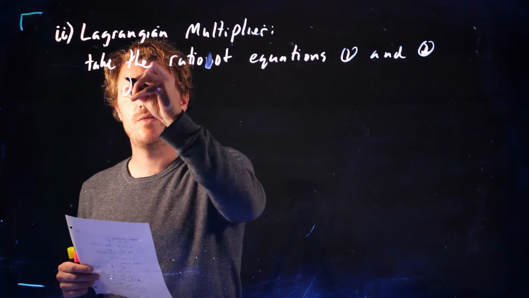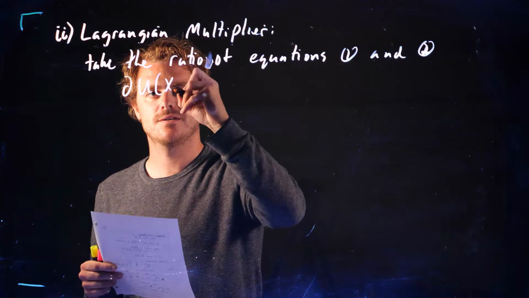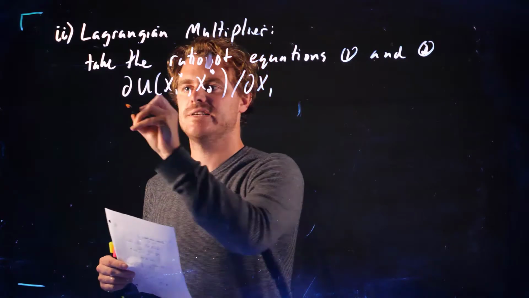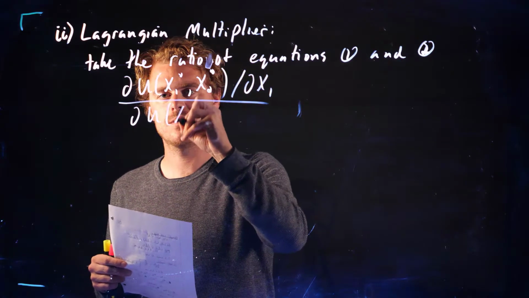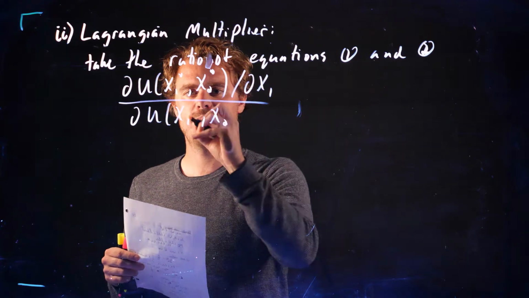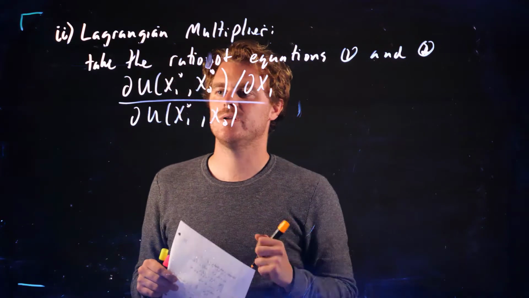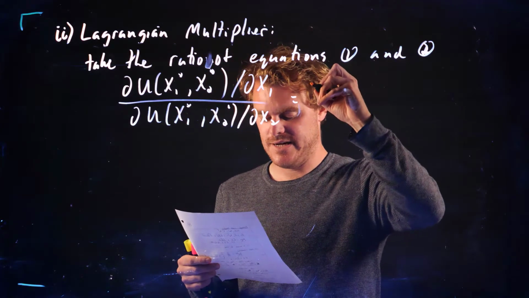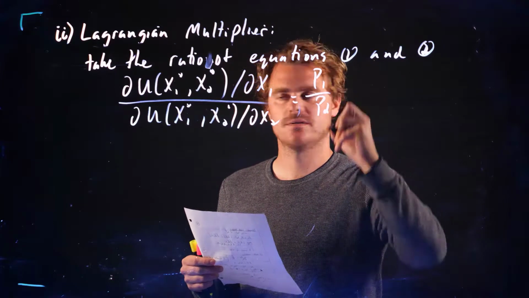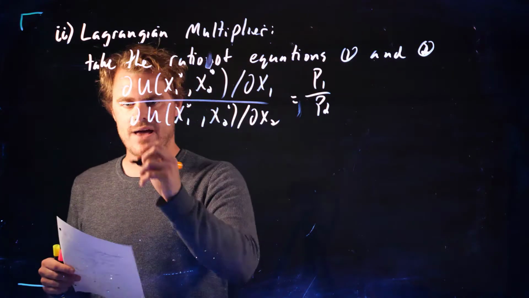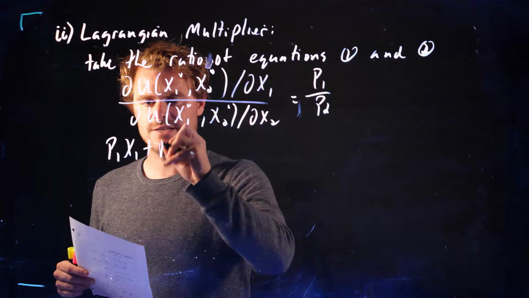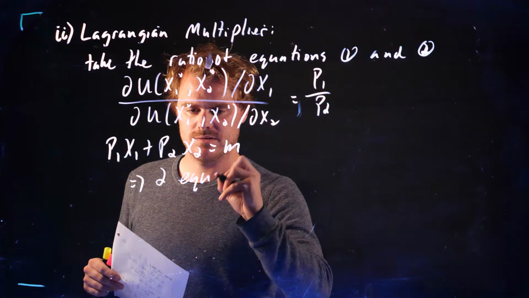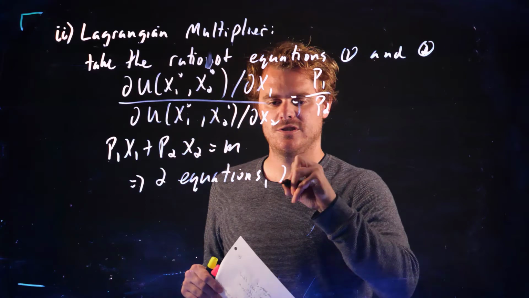And then we get exactly the condition we had before for x1 star, x2 star. If we put that first equation over the second, we divide them, we get exactly this. And we still have that third equation, which is just the budget constraint. Now we have two equations, two unknowns.